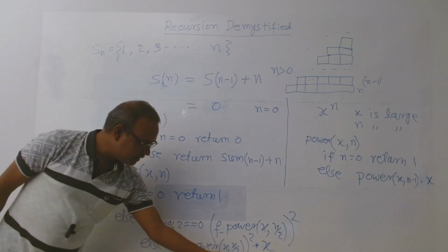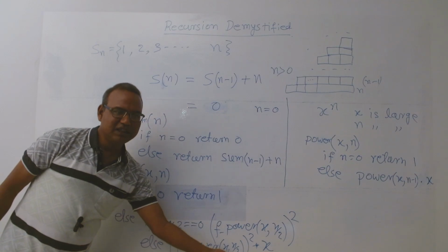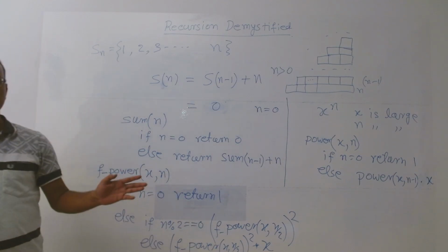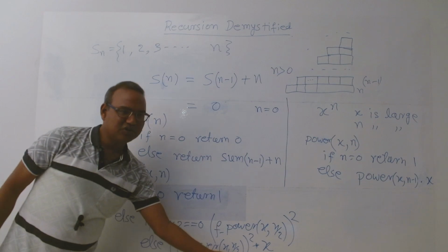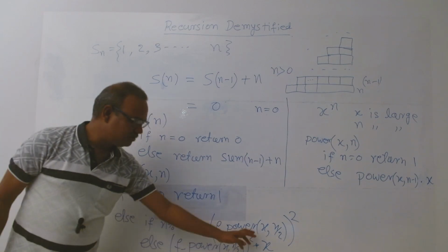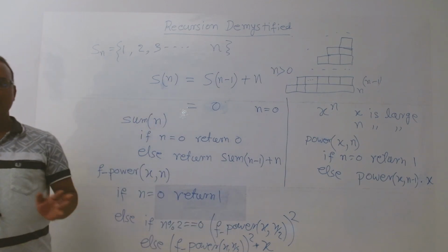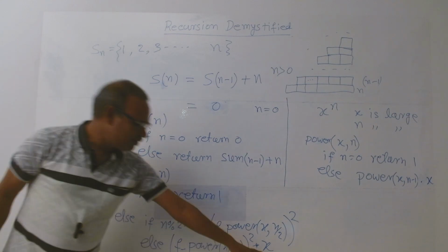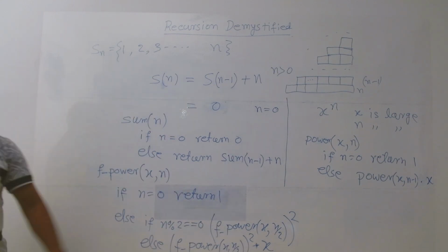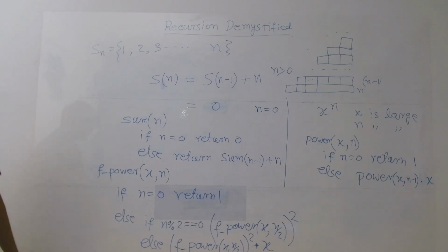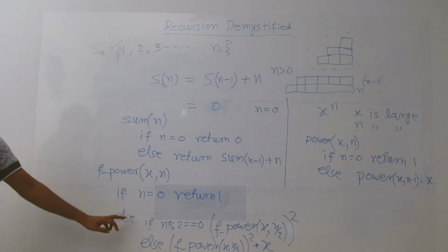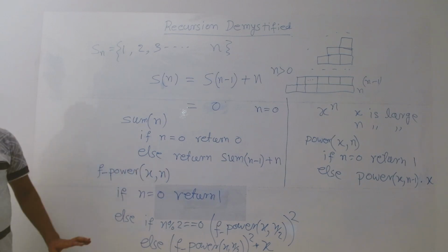Because if you compute n by 2 with integers, for example for 7, you will get n by 2 equal to 3, and the square will give you 3 plus 3 equal to 6. So one extra x is added here. Okay, so it will return x to the power n every time.